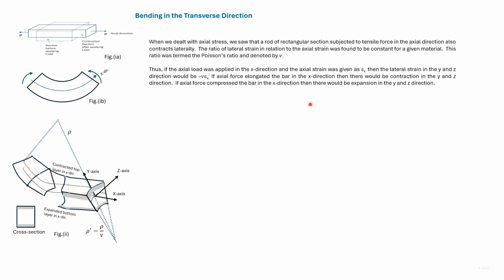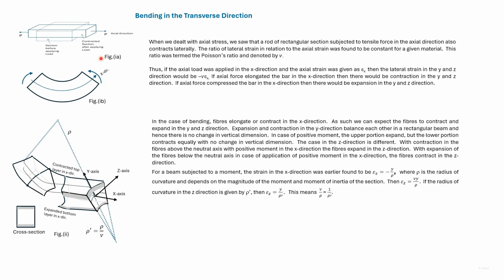This is what we study here. So here we have a beam subjected to a positive moment. Above the neutral axis in the x direction, there will be contraction, and below the neutral axis in the x direction, there will be expansion.